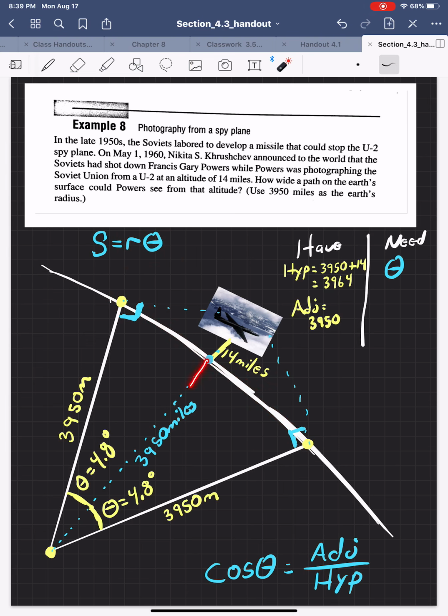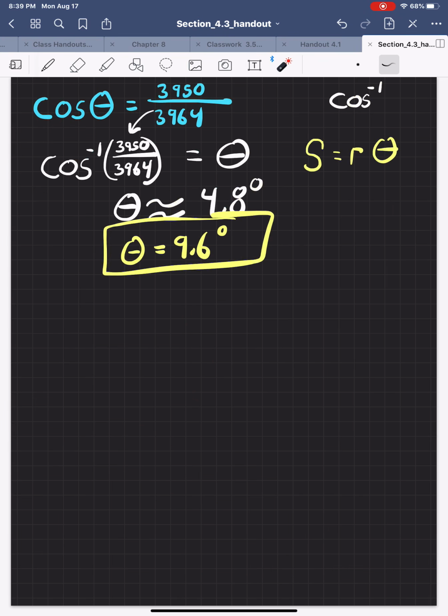Well, the radius we're using here is 3,950. So let's go back over here. So we know that the radius is 3,950. Now, our theta is 9.6 degrees, but you're not going to be that student that falls for that, right? You're not going to put 9.6 degrees here because that's not in radians.